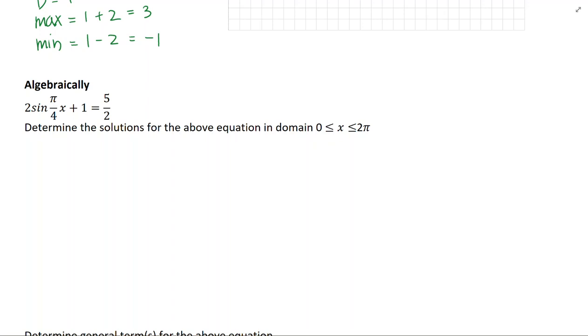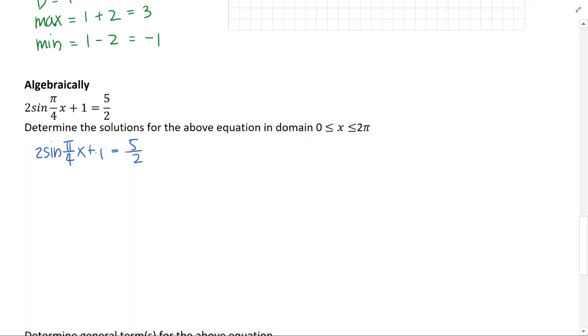So again, we need to just move things around so we end up with the sine angle by itself, because right now it's not by itself. So 2 sine pi over 4x plus 1 equals 5 over 2.